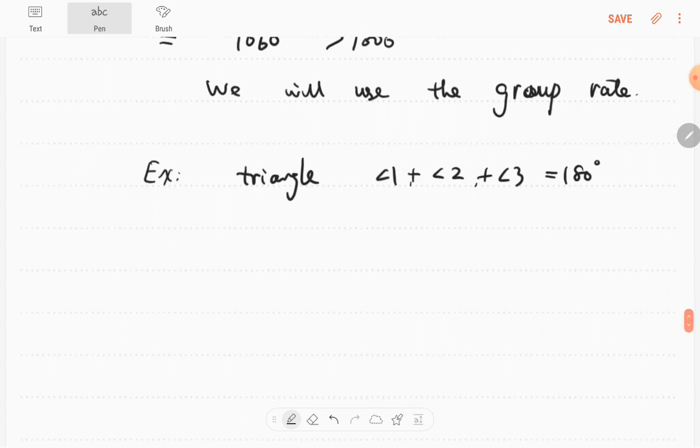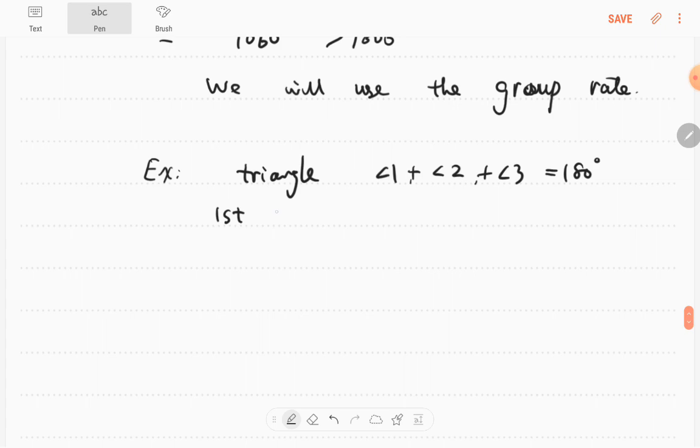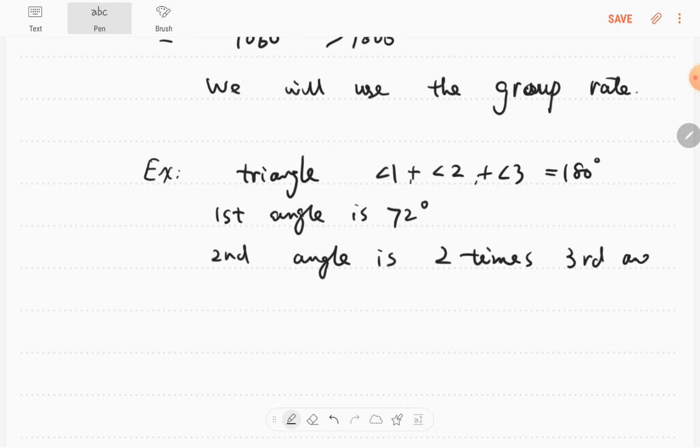So if we know one of the angles, let's say the first angle is 72 degrees. We know the second angle is 2 times the third angle.